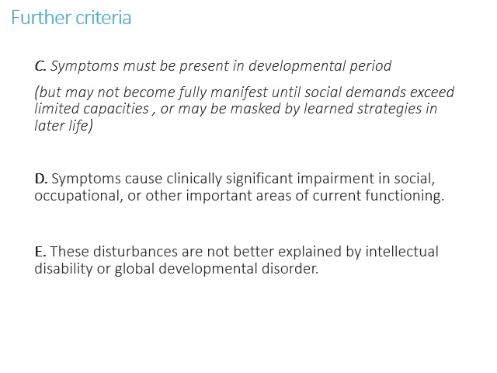Part E, the fifth criteria, is that all of these difficulties should not be better explained or more easily explained by simply having an intellectual disability, or what could be called a global developmental disorder in much younger children.